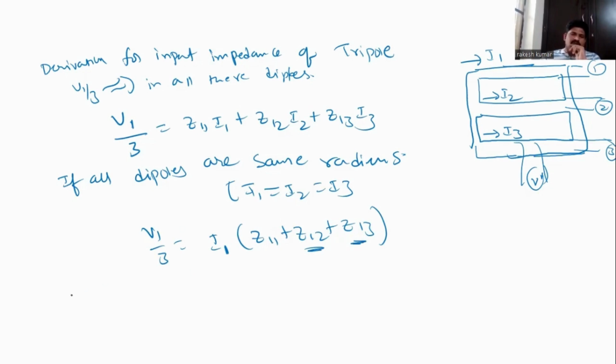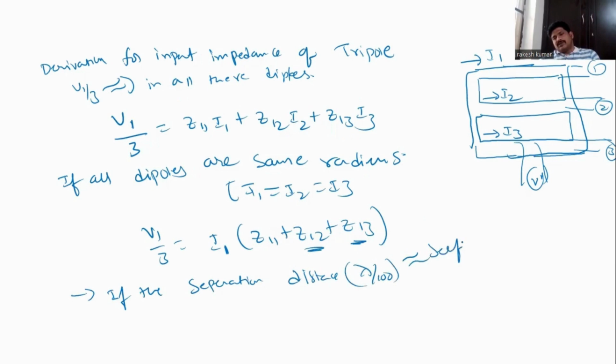Next, what is the next condition? If the separation distance is very small, less than lambda by 100, we can equate self-impedance to mutual impedance.